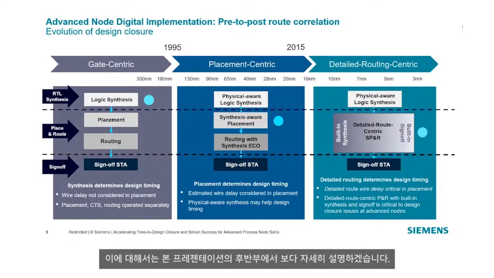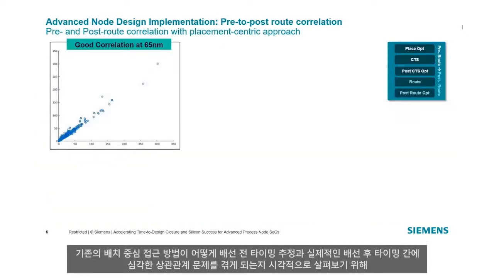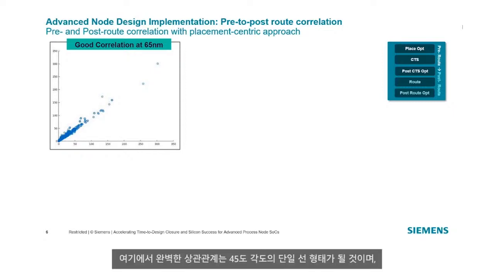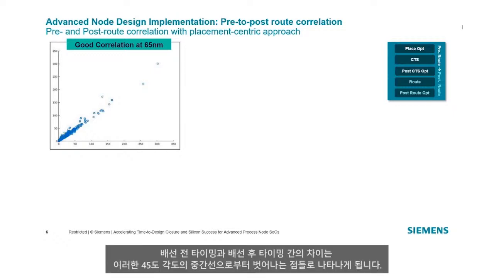To visualize how traditional placement-centric approaches suffer severe correlation problems between the pre-route timing estimation and actual post-route timing, we use the correlation plots shown. Here, perfect correlation would be a single line at a 45-degree angle, while differences in pre- and post-route timing are noted as points that diverge from that 45-degree middle line.